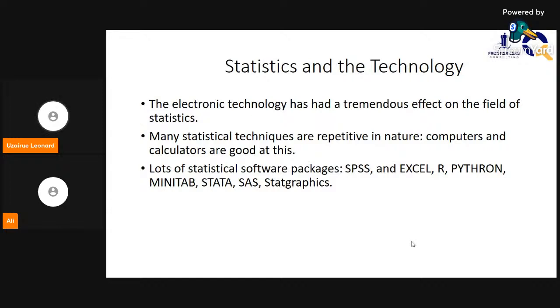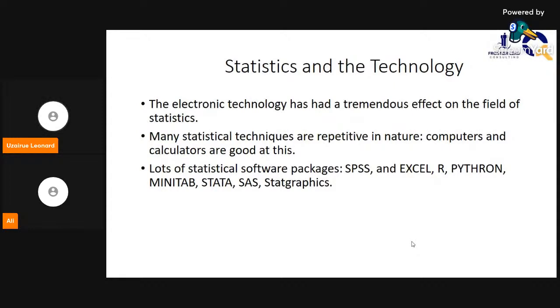But in the era of computers and technology, these have actually made things easy. You just press a button, then all your results come out. There are actually a whole lot of statistical packages available. But the ones you usually learn first are SPSS and Excel. In this training, we are going to be focusing on SPSS.